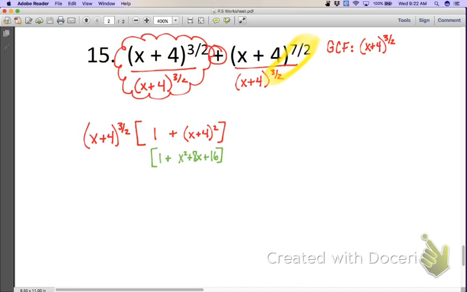And then I still have the x plus 4 to the 3 halves power out in front. Now, combine like terms if I have any. So I have the 16 and the 1. So I'm just going to have x squared plus 8x plus 17 inside the parenthesis, and then x plus 4 to the 3 halves power.